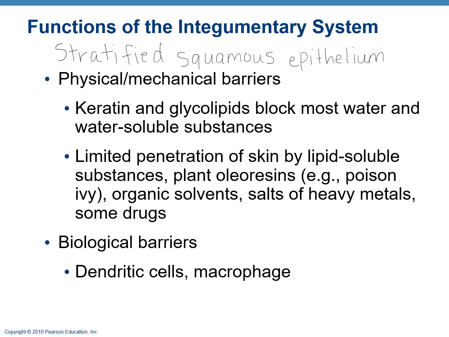This can be good or bad. Plant oleoresins like poison ivy can penetrate the skin. Some organic solvents, salts of heavy metals, and some drugs. So while some drugs are going to be therapeutic, there are, for example, nicotine patches that can be absorbed via the skin for addressing nicotine dependence.